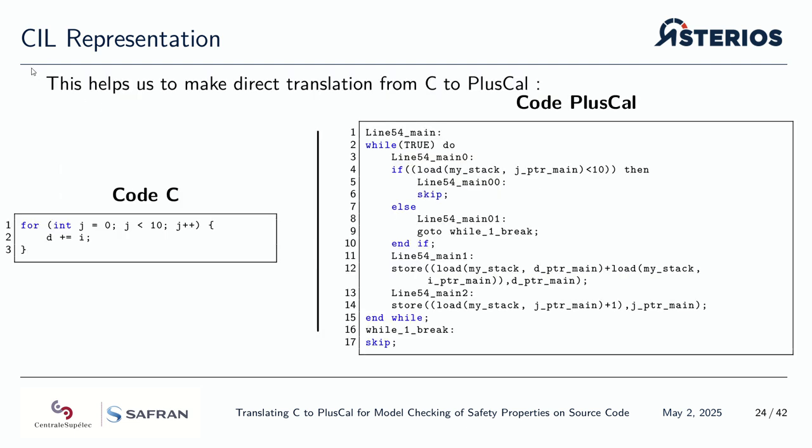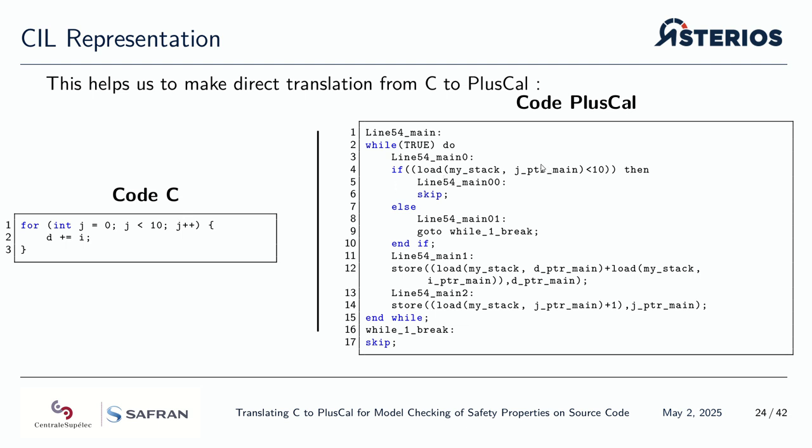So, for example, how do we translate a for loop in C code into PlusCal? We have here a little C loop that increments the j variable. It will be preprocessed by Frama-C into a while true loop that we will translate directly in PlusCal. Then here we have an if-else statement to simulate the loop condition.